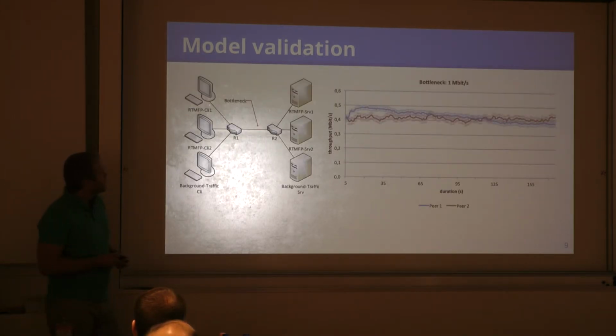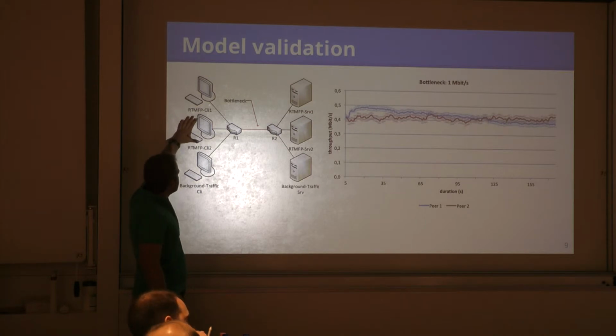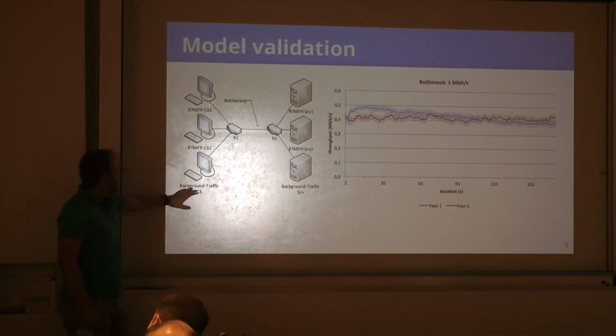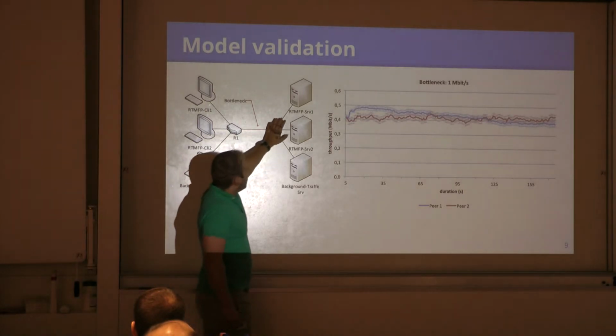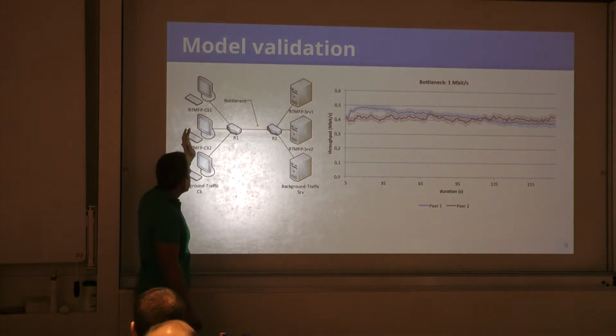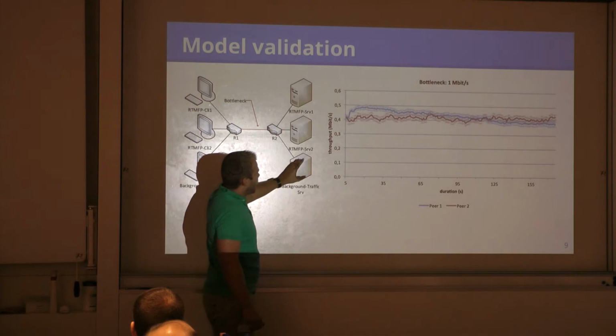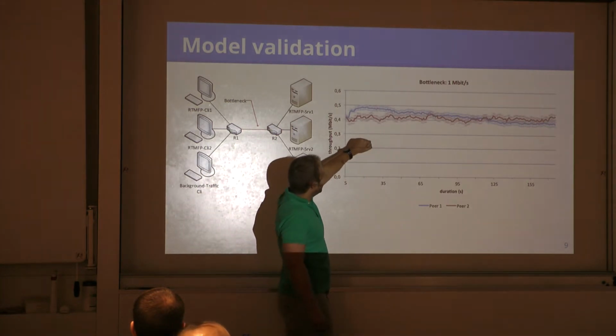This is an example of how we validated the model. We have two RTMFP clients and a background traffic generator, which generates random UDP packets. We have a bottleneck scenario. We have RTMFP servers, which receive messages from the RTMFP clients. Here we have a situation with a 1 megabit bottleneck link.